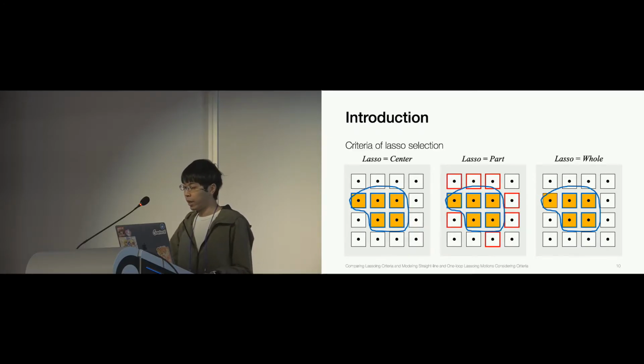In this way, even in drawing the same stroke, the selected objects are different. If users would like to succeed in selecting the objects by each criterion, they should draw the stroke like that of this slide.